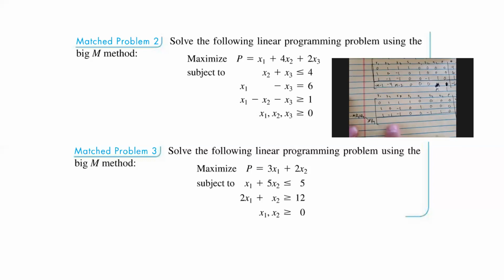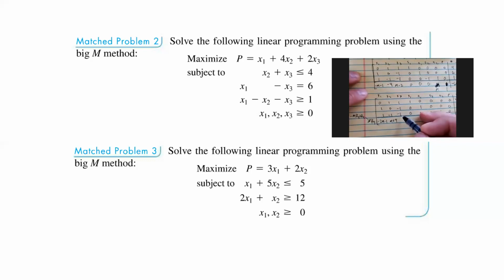Okay? So negative m times 1 plus a negative m, minus 1, becomes negative 2m minus 1, right? Negative m times negative 1 gives me positive m, plus a negative 4, we'll say, because I wrote in pen.